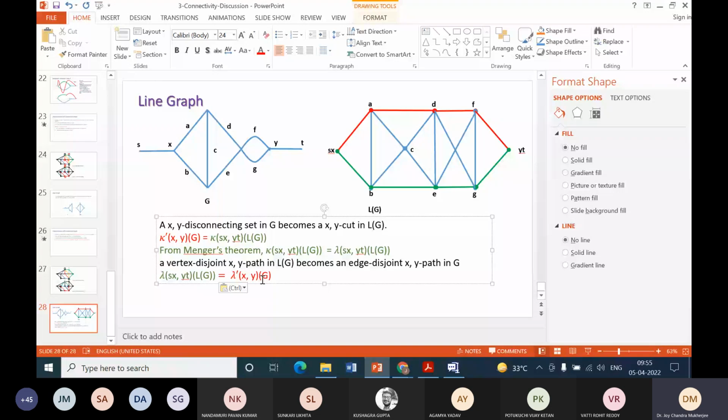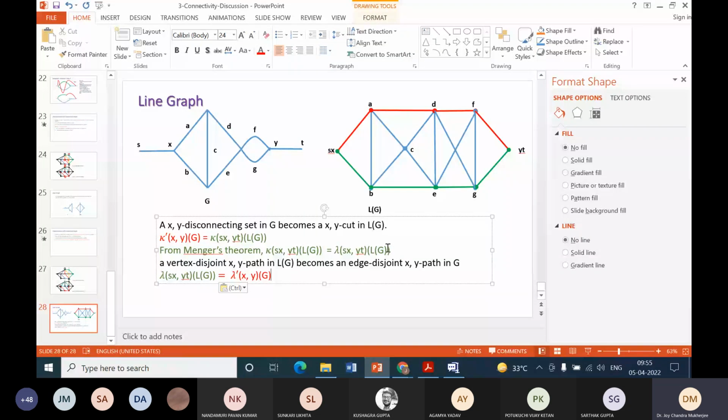xy paths in G. So with these three things, the first observation is that the xy disconnecting set, the set of edges which disconnects x and y, will be the set of vertices in LG which acts as an xy cut. So chi prime equals chi, and Menger's theorem says that chi equals lambda, and these are the number of vertex disjoint paths in LG.